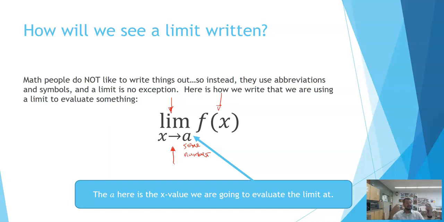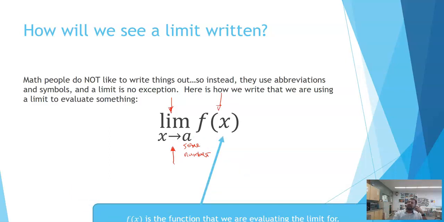And in this case, that would be the number. So the way that we say this thus far is the limit as x approaches a. And then lastly, we're always going to have some sort of function on the very end of the limit. And so how we say this in general is the limit as x approaches a of f of x, whatever that function is.